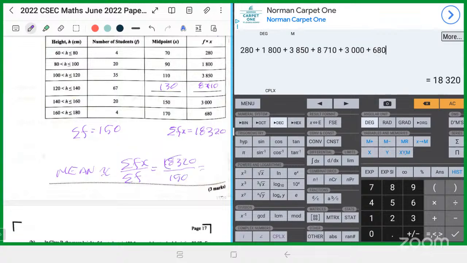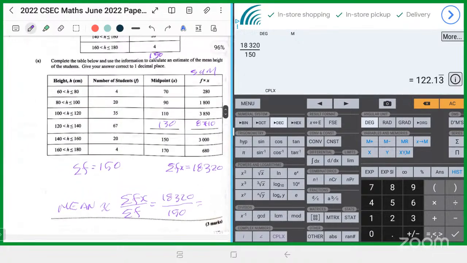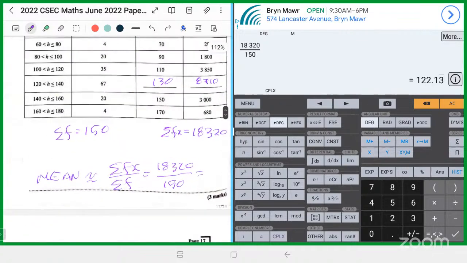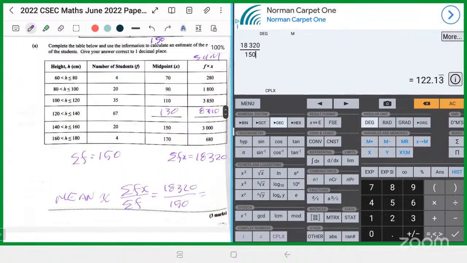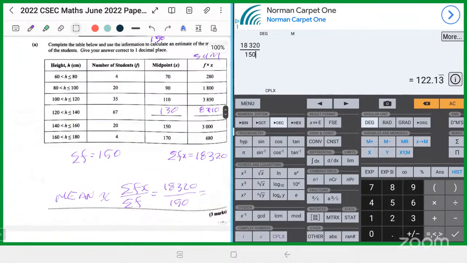And so when you do this division, you're estimating the mean height, 18,320 over 150. That's 122.1 to one decimal place. And the mean is measured in centimeters. 122.1 centimeters.